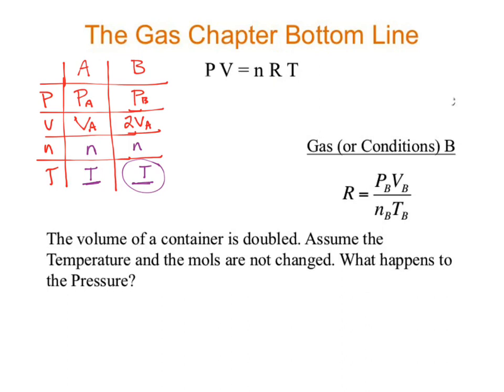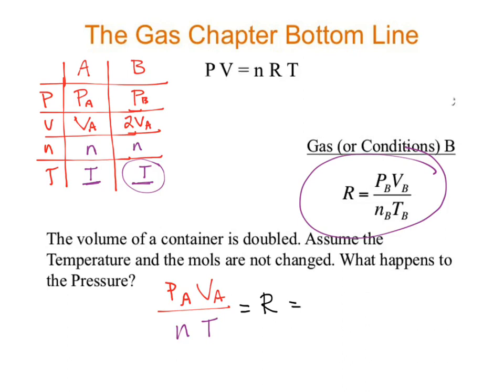Okay? Remember the system we need to be dealing with? We know R is always a constant. So we can start to plug these things in. PA times VA over N and T. Why not NA? Because it didn't change, so I don't have to add that extra layer of information. What do I know this is equal to? Yes, I know it's equal to R. What else do I know it's equal to?